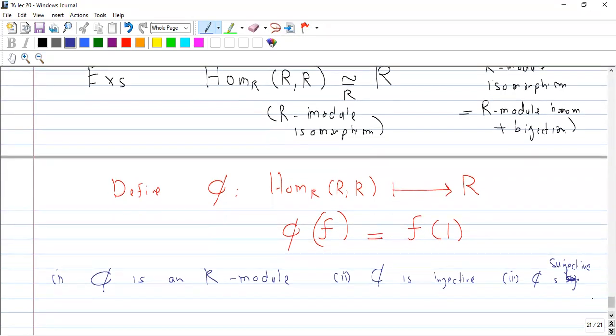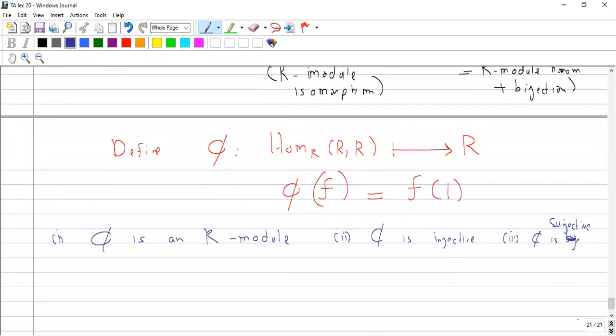The map is defined this way: when f is a map from R to R, as soon as I evaluate f at 1, I will get an element of R, and I have a motivation because we know that every R-module homomorphism is in the form of f of a. So now, for the first part, one can check that for f, g in Hom_R(M, N), if I apply f plus g, what will I get?